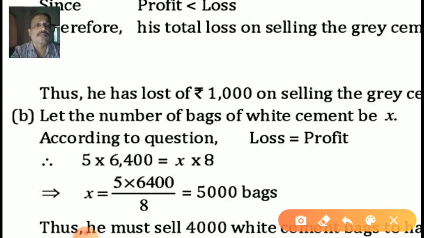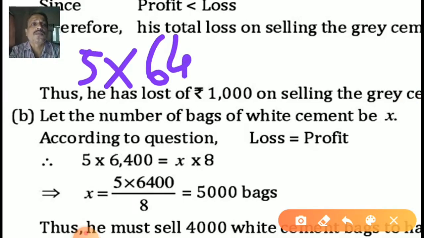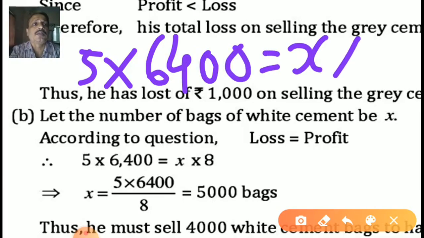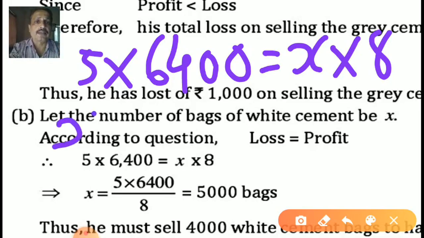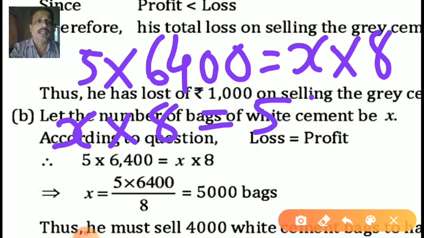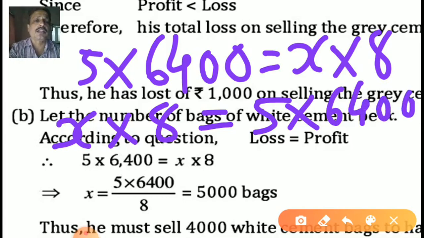See, like this way. 5 into 6400 is equal to x into 8, or 8 into x. Shall I write this to this and that one? Yes, x into 8 is equal to 5 into 6400. I did nothing. I just changed the direction, left side to right side and right side to left side.